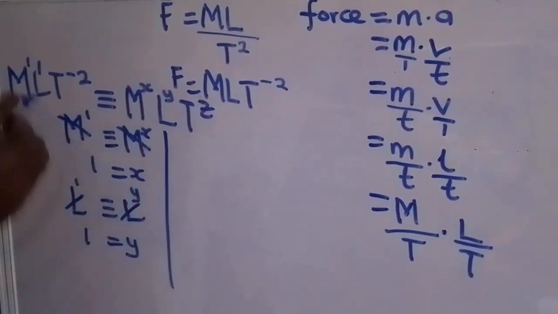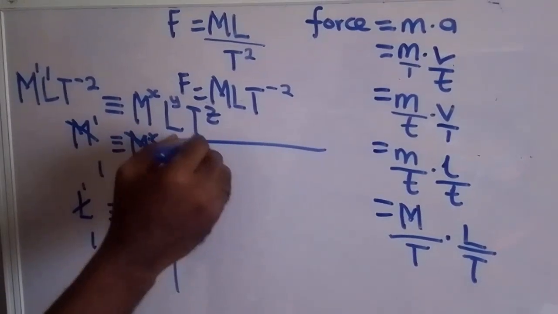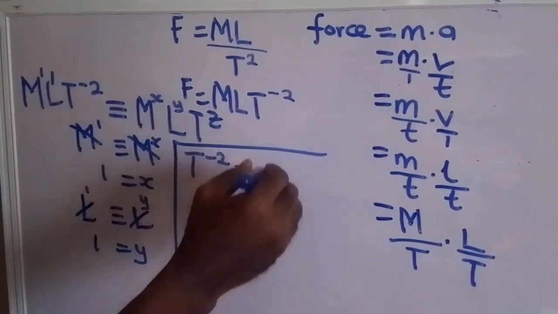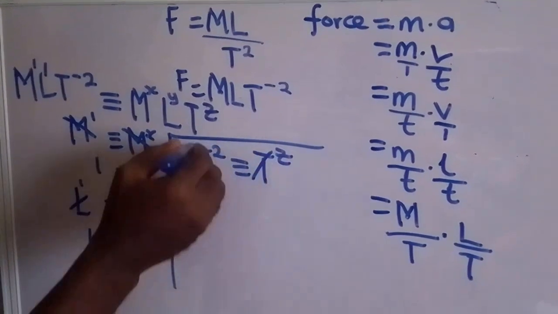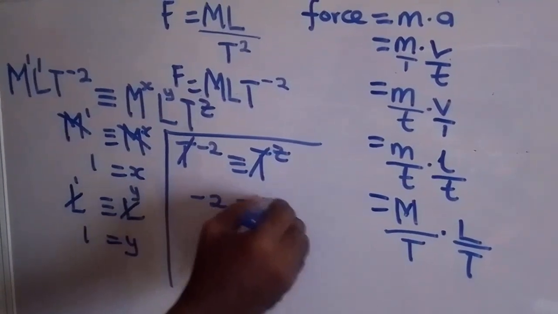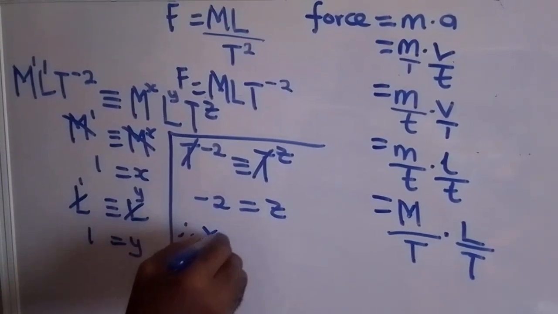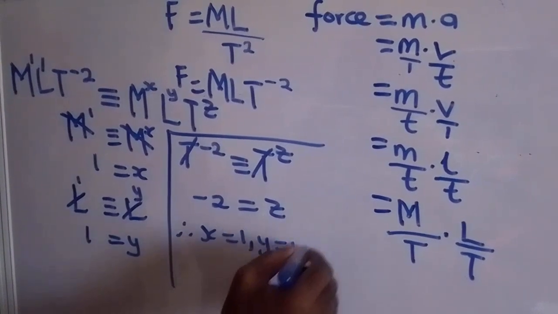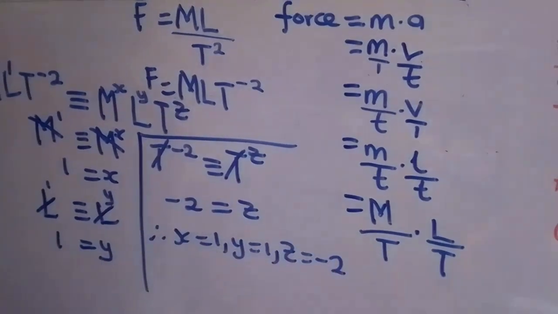And lastly, the last letter is T raised to power minus 2, must be equivalent to, in the question, T is raised to power z. The bases are the same, meaning the powers must be equal. Friends, you can now see that x is equal to 1, y is equal to 1, and z is equal to minus 2.